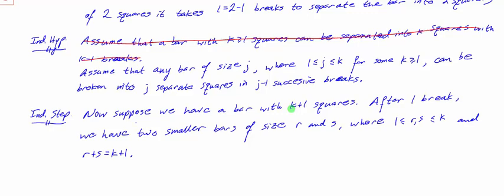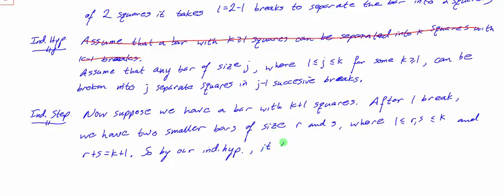And now, since these fall in the range specified in our induction hypothesis, we can say that by our induction hypothesis, we can look at the number of breaks that will be needed to finish separating these smaller bars into their individual squares.